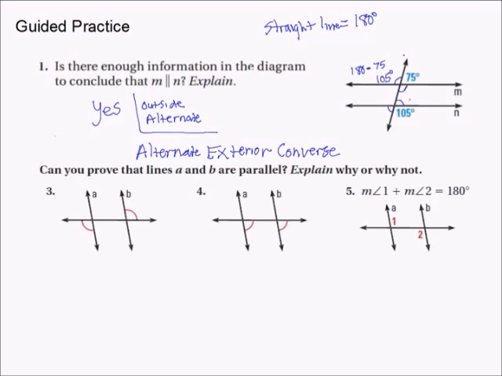If you had 180 minus 105, then you know that this has to be 75 degrees. This has to be 75 degrees.